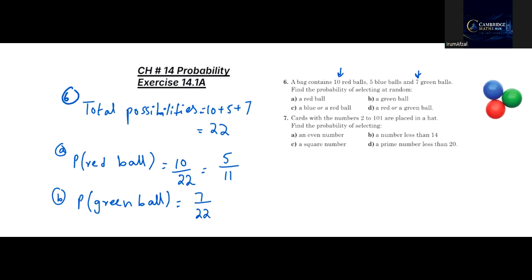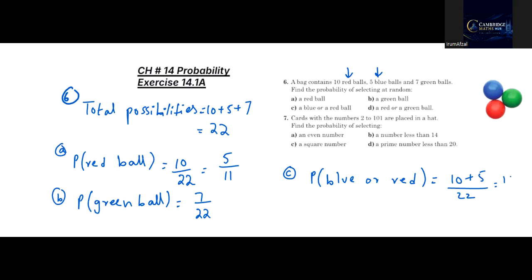Next, we have part number C. And this we need to find the probability of getting a blue or red. So if we need to get a blue or red, we can add them both. Like here we have red, here we have blue. So 10 plus 5 out of total 22, that would be actually 15 over 22.